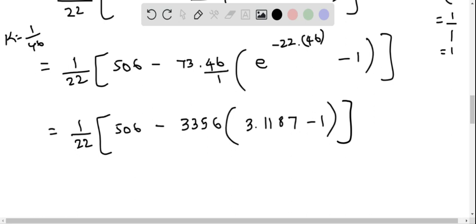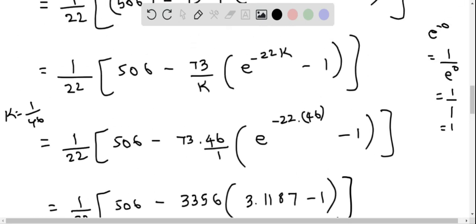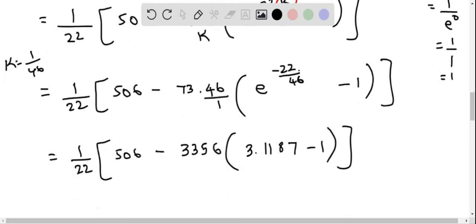it looks like I have made a couple of mistakes over here. The first one is, since the value of k equals 1 over 46, I need to change this to 22 divided by 46. And similarly, the other one is that 73 times 46 is basically 3358.